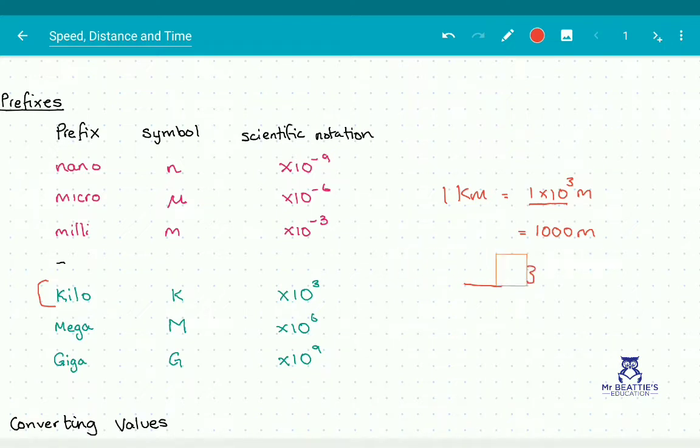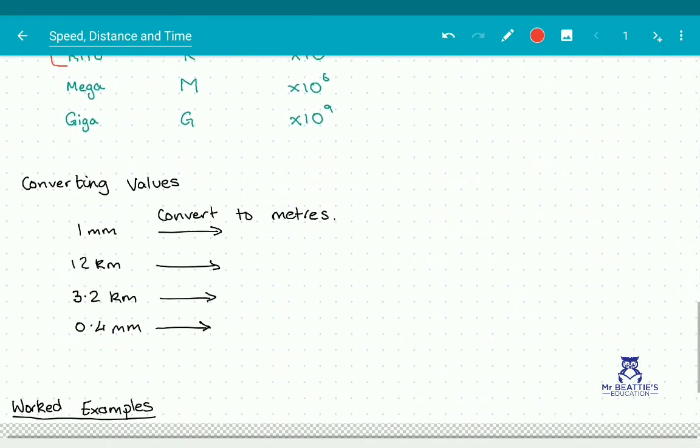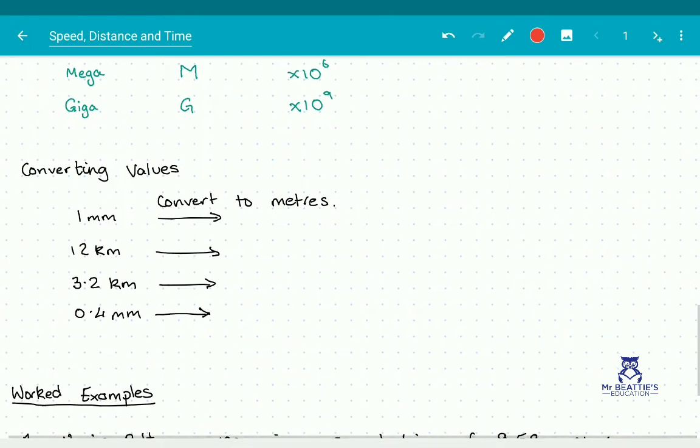Okay? And that's how we deal with the scientific notation. So I've got a few examples here, and the first one is 1 millimeter. So 1 millimeter is 1 times 10 to the minus 3 meters, which is going to come out as 0.001 meters.